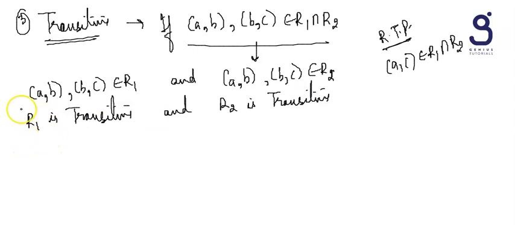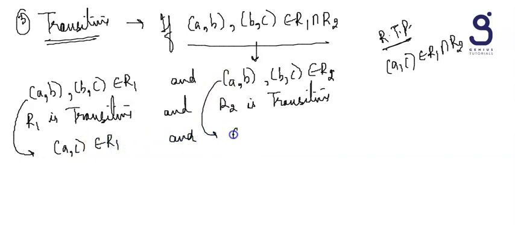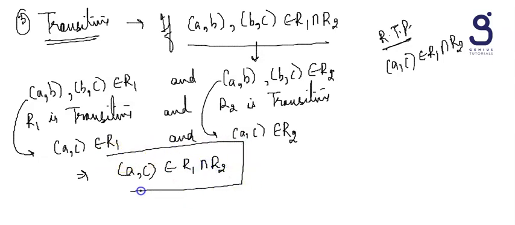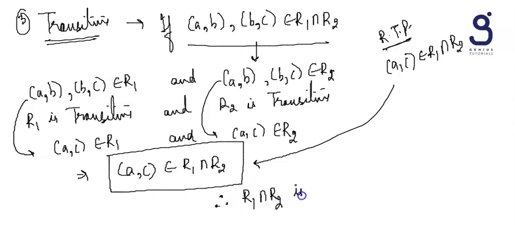So since R1 is transitive and (a, b), (b, c) belong to R1, we can say that (a, c) belongs to R1. In the same way, (a, c) belongs to R2. Now since (a, c) belongs to R1 as well as to R2, (a, c) should belong to R1 intersection R2, and that's what we need to prove here. Therefore, R1 intersection R2 is transitive also.